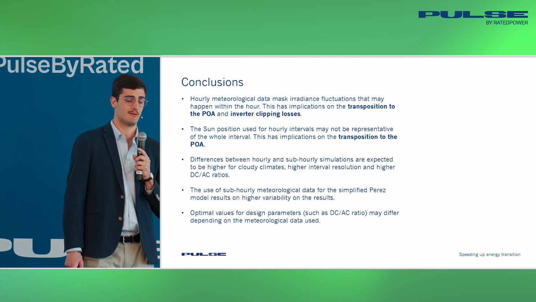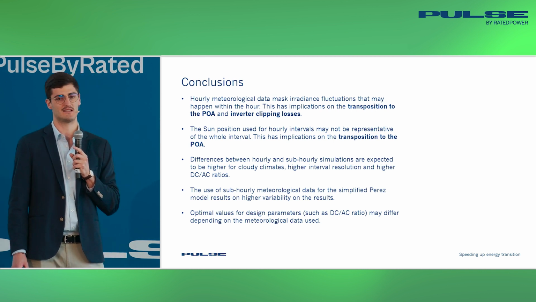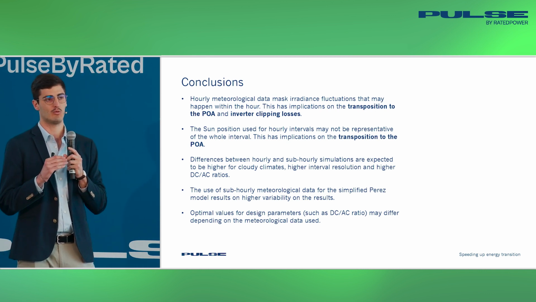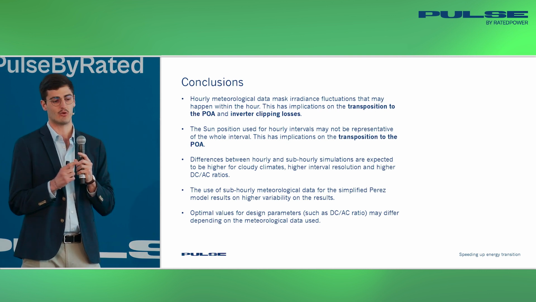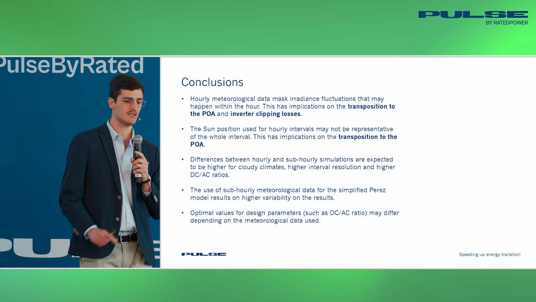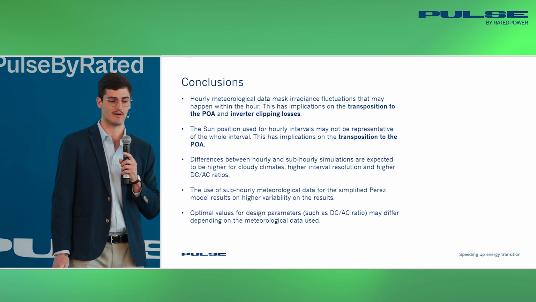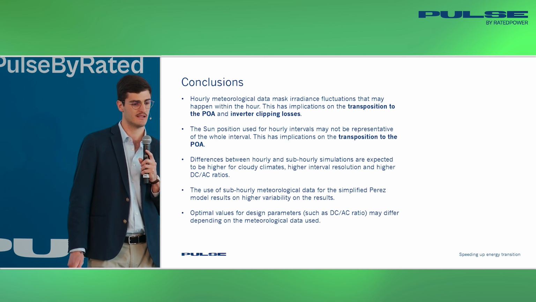Then the sun position that is used for hourly intervals may not be representative of the whole interval. We could think that the center of the interval is representative of what's happening in terms of sun position for 1 hour, but it's not, and it will have implications on the transposition to the plane of array for both components, the diffuse and the beam component.